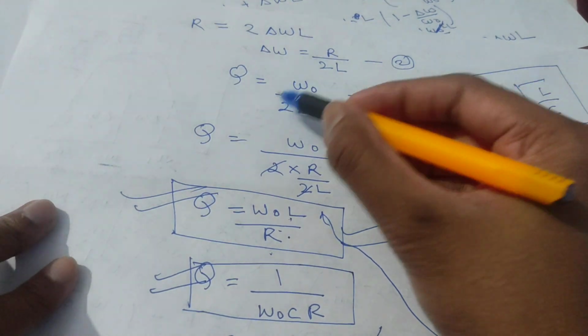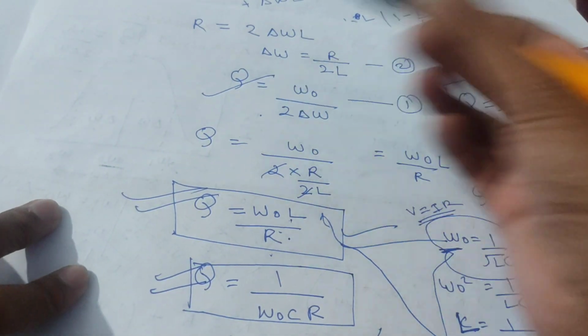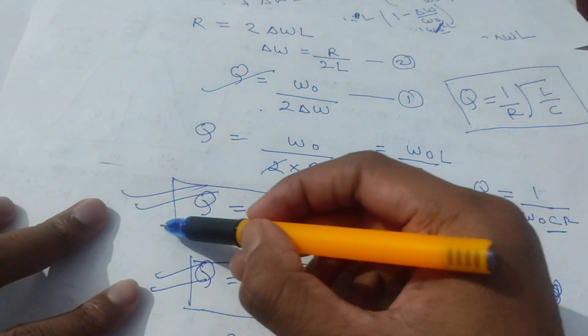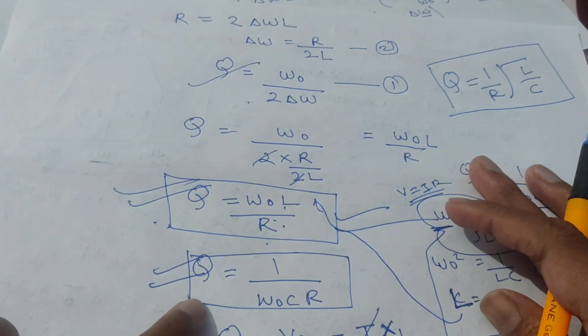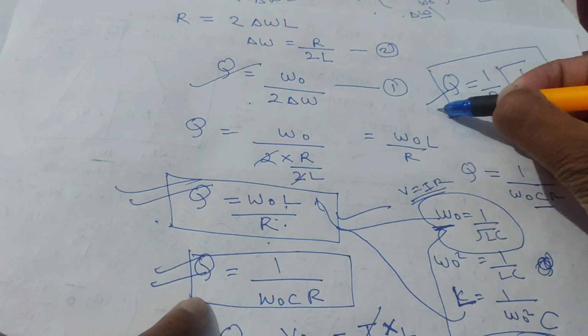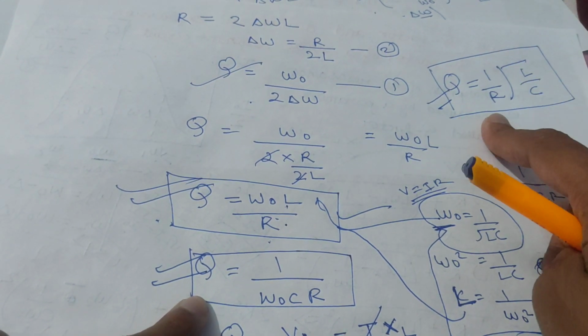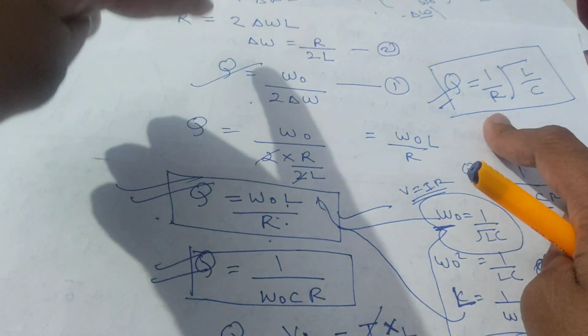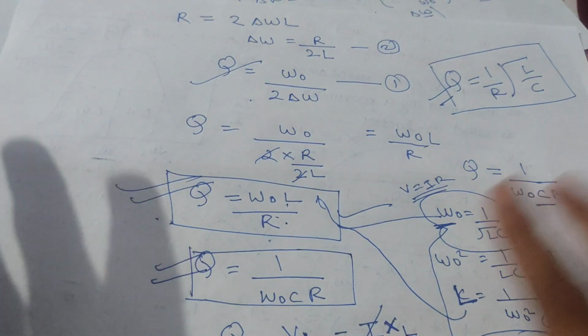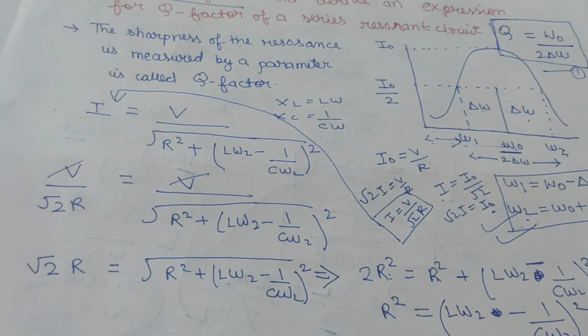We got this Q formula from the graph: formula 1, formula 2, formula 3, and formula 4. The main fundamental formulas are this and this. So 1, 2, 3, 4. I'm revising it so that you will get all four.